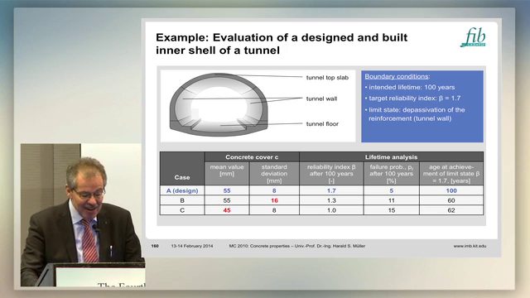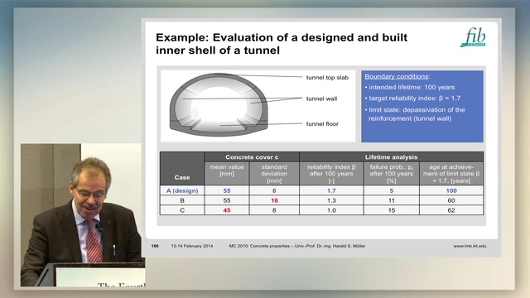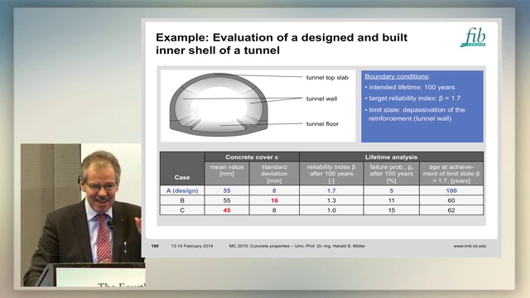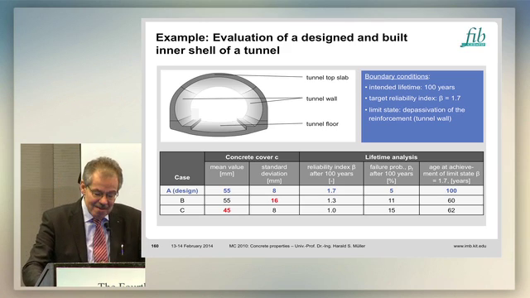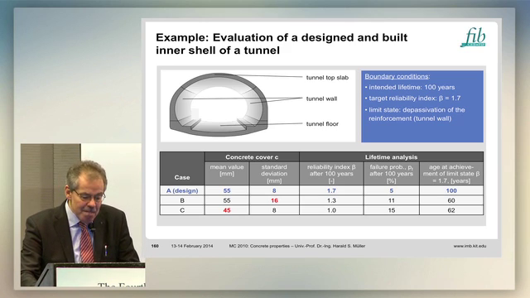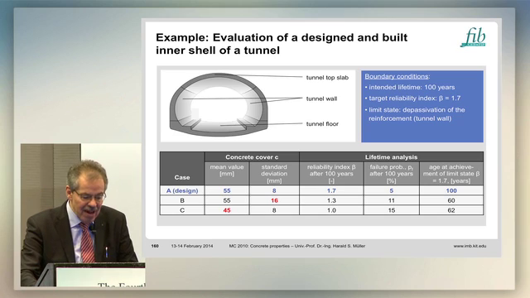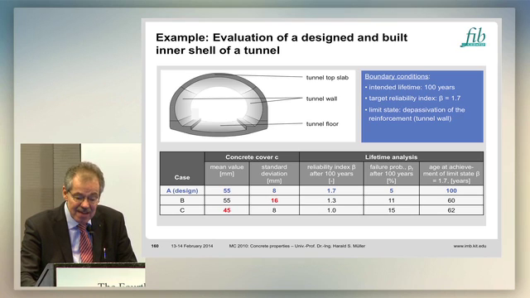And now you can easily calculate the consequences. If the standard deviation doubles from 8 to 16, you reach your limit state already after 60 years, which makes a big difference, 60 years instead of 100 years. Or vice versa, if, for example, you have good workmanship, low standard deviation, but by some error, your cover was realized 1 centimeter too low, you also end up already after 62 years at your target reliability index.